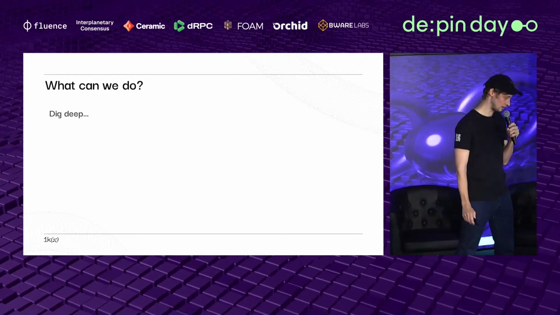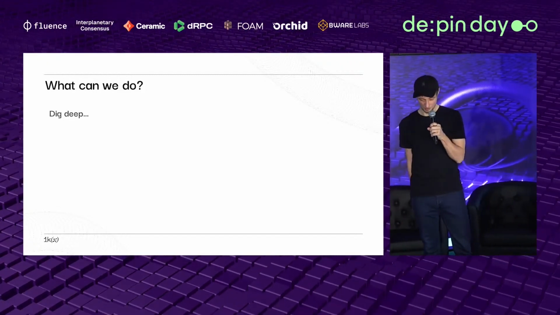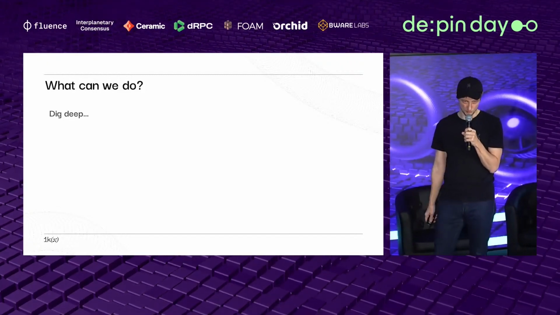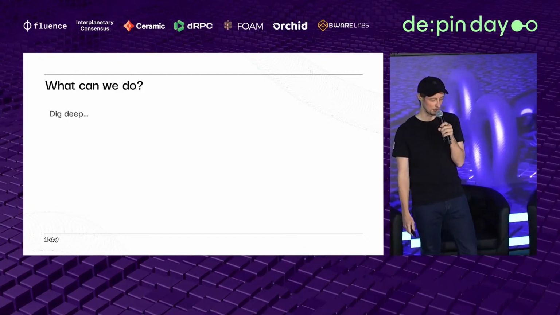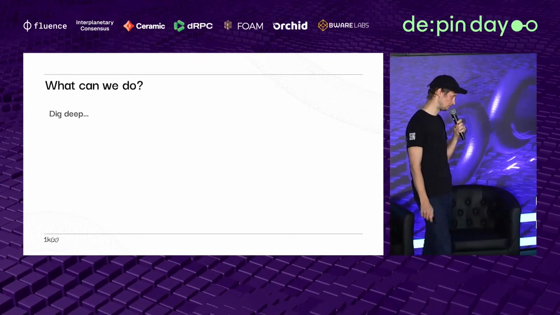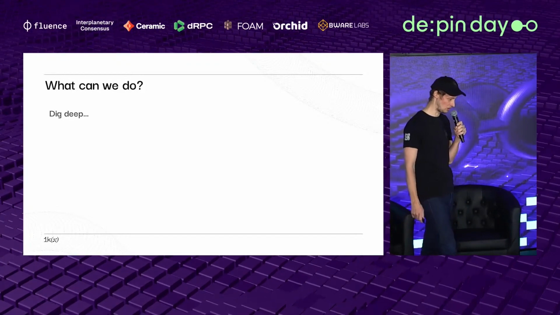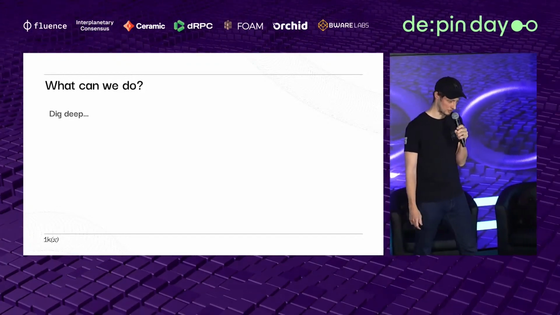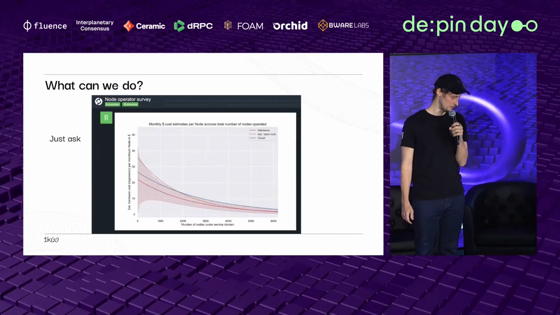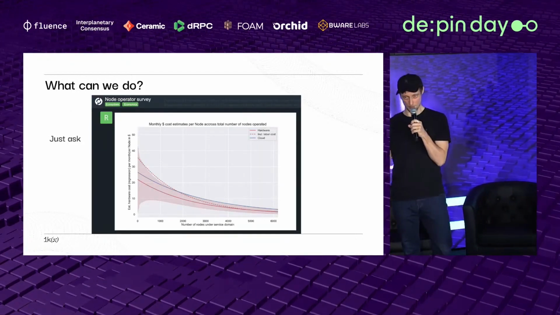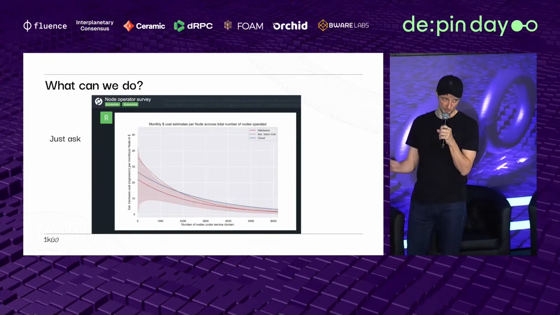One way to assess the cost is to dig deep: Discords, forum posts. People are actually quite transparent about what they do. There's obviously only so much that you can get there. That's why another approach we took is to even do surveys.